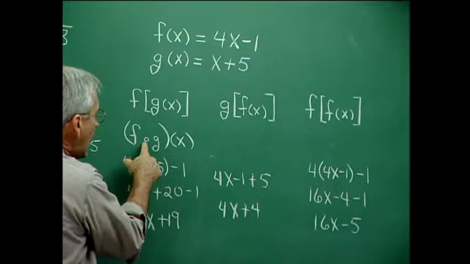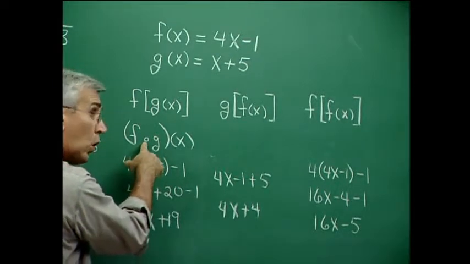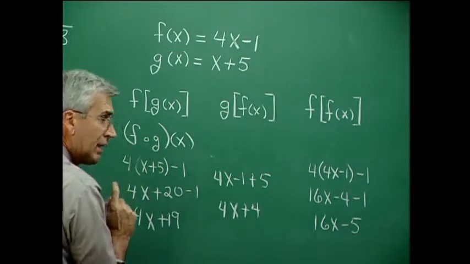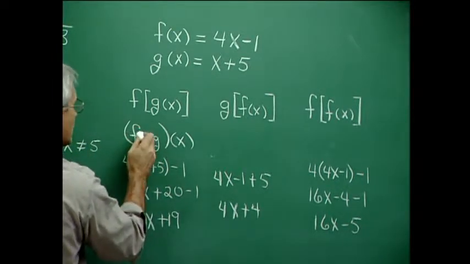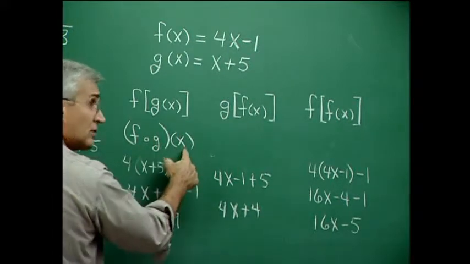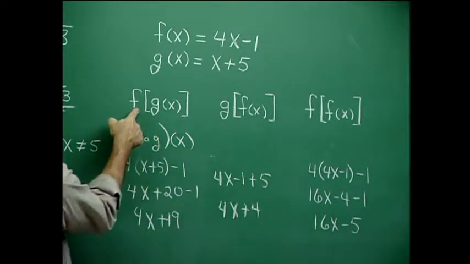Now, this is not a 0, and it's not a letter O. It's just a little bitty circle kind of thing. And the students read this as f circle g of x. But f of g of x is what this says. That's the notation for it. And this is the equivalent notation.